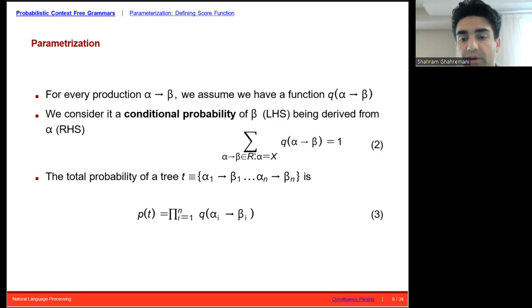So that's the probability of a particular rule. And then for an entire tree that has a bunch of productions, the probability of the whole tree is just the product of all of the productions that went into that tree. Now, of course, this doesn't sum to 1, so we need to normalize this, but that's a relatively straightforward process.